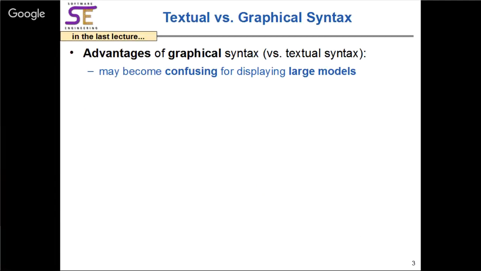syntaxes. So we had some advantages that graphical syntax is very nice if you want to visualize object relationship concepts, but it also has disadvantages. So textual syntax is much easier tooling-wise typically, and if you want to do things like diff and merge, this is usually easier with textual languages.